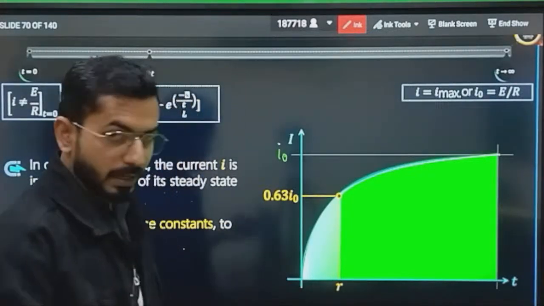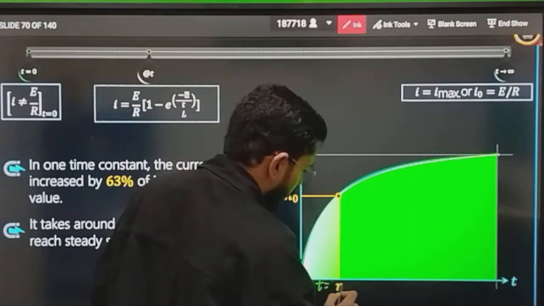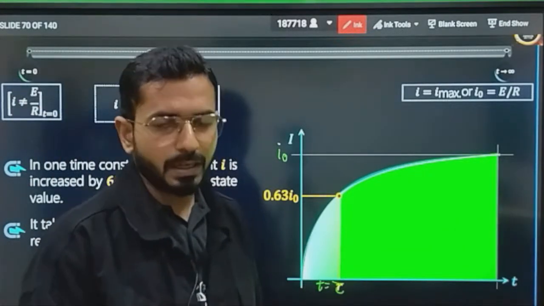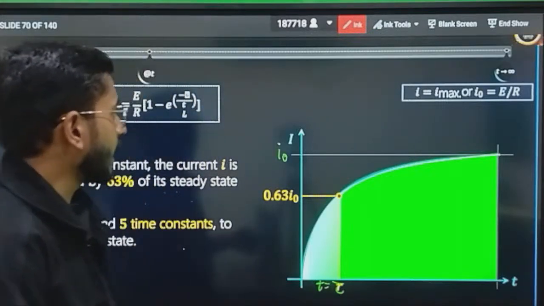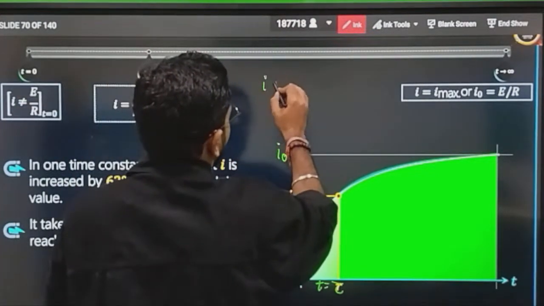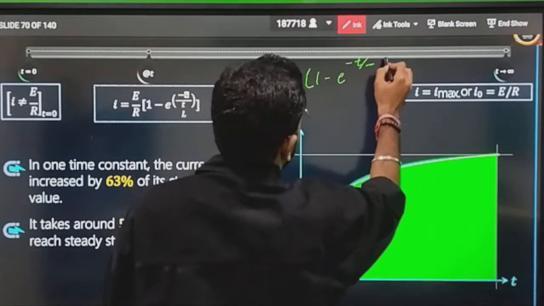One very important point is also there. When you take t equal to tau, a specific time, that is one time constant, which I have already defined. The general equation is I equal to I naught times 1 minus e power minus t by tau.